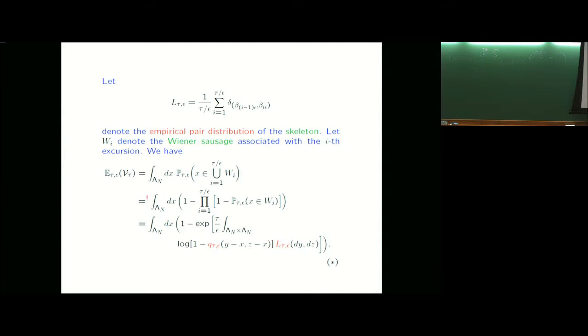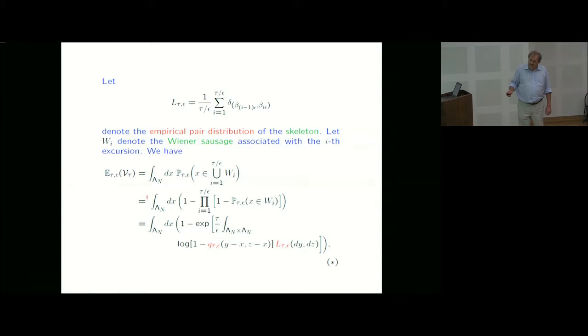Empirical distributions will be very important because what I can now do is to write the expectation of the volume of my Wiener sausage conditioned on the skeleton as a function of this object.